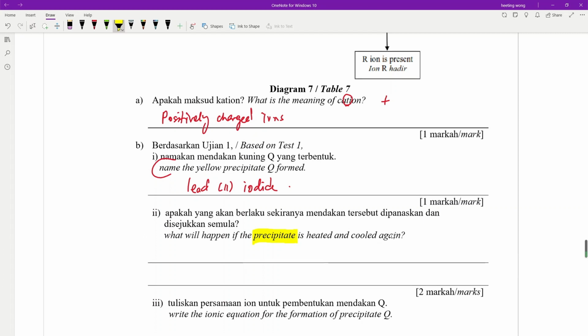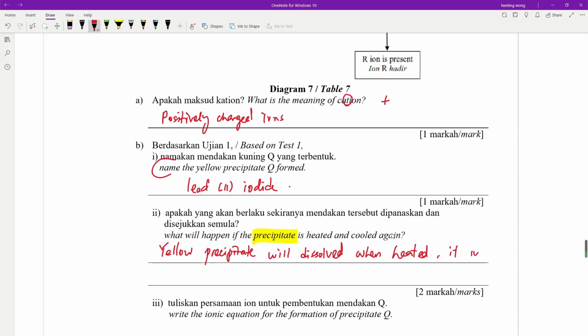So if you heat lead 2 iodide, what will happen? The yellow precipitate will dissolve when heated.